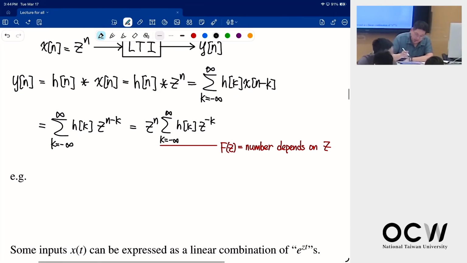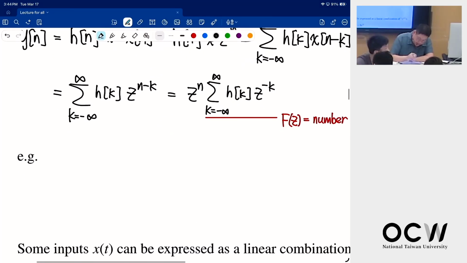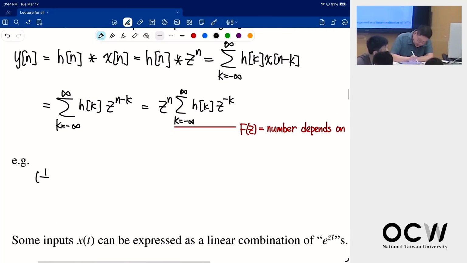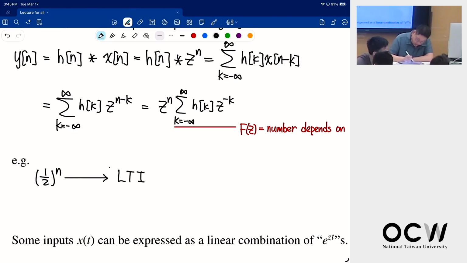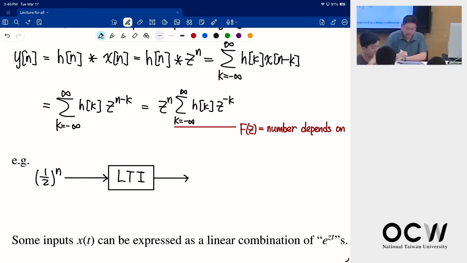For example, if my input is 1/2 to the power n, sent to the LTI system, what is the output? Because this is an LTI system, we know that the output has a form very similar to your input.